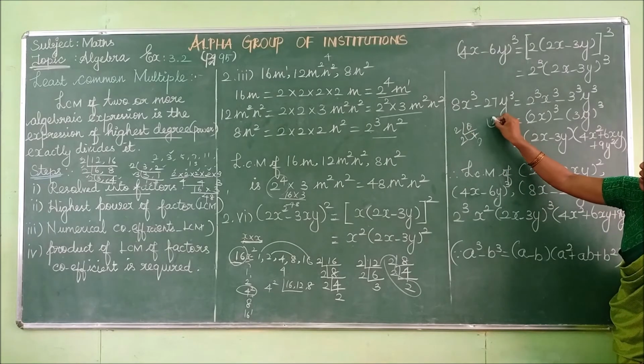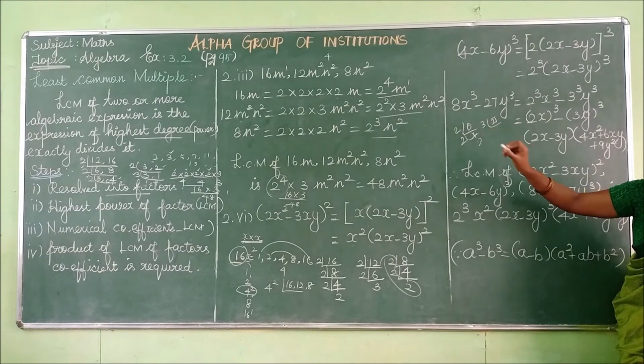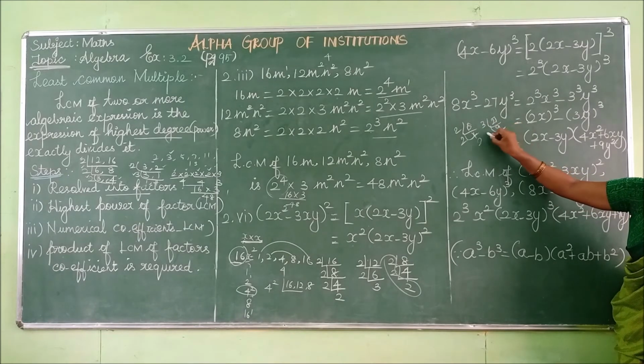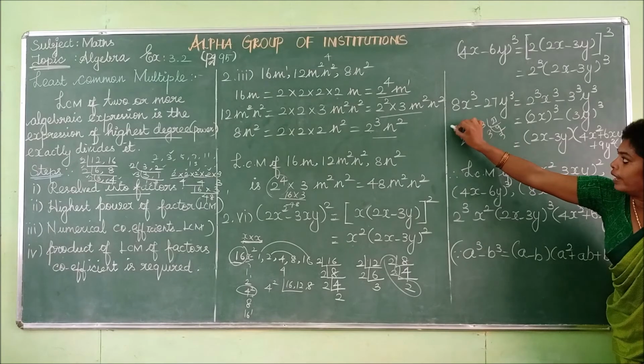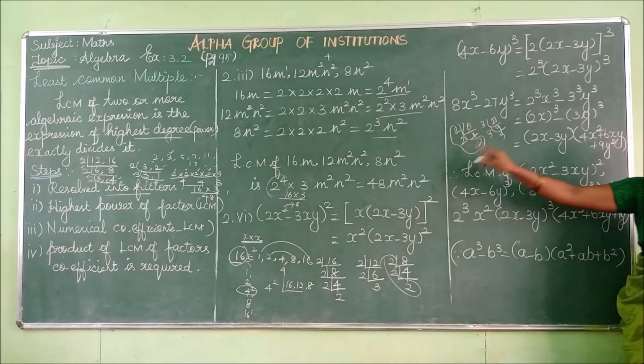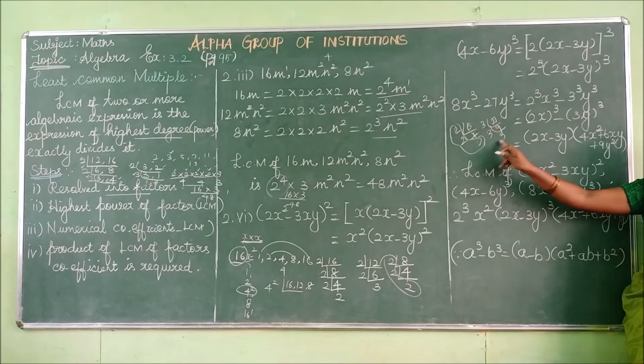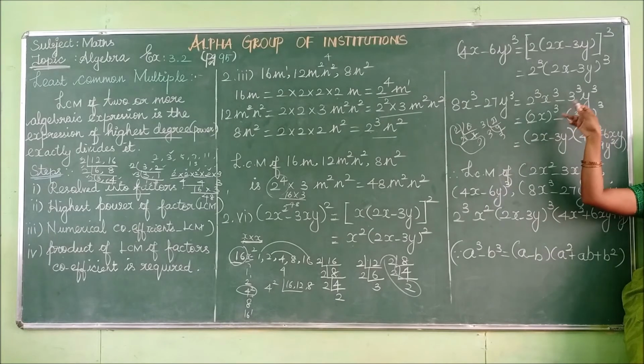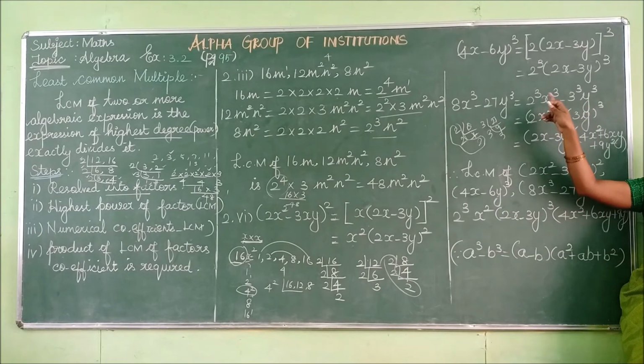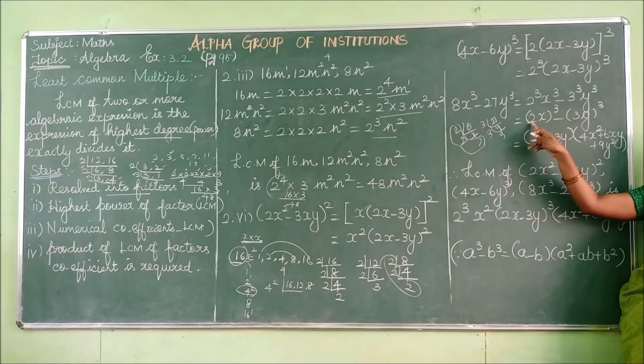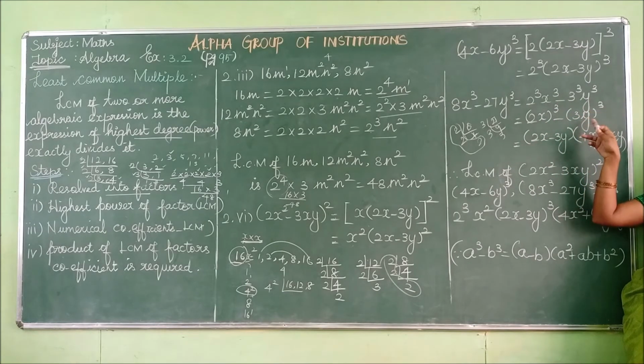Likewise 27 is an odd number which comes in the 3 table. 3 9s are 27, then 3 3s are 9. So 8 can be rewritten as 2 cube, then 27 can be rewritten as 3 cube, y cube. Then both contain the power 3. So you can simply take 2x whole power 3, likewise 3y whole power 3.